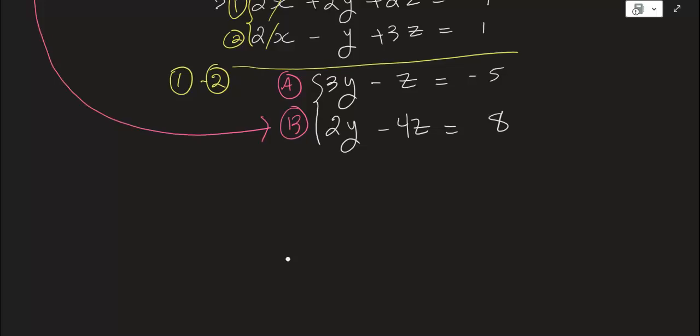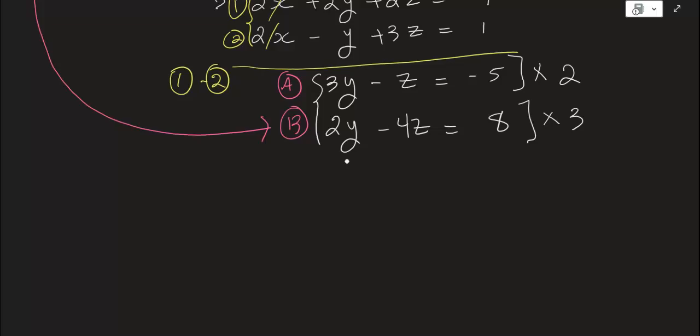So we need the least common multiple of 2 and 3, which is 6. Both y terms in equation A and equation B should be 6y. That means we have to multiply the first equation by 2 and the second equation by 3, because 6 is the common multiple of 3 and 2.